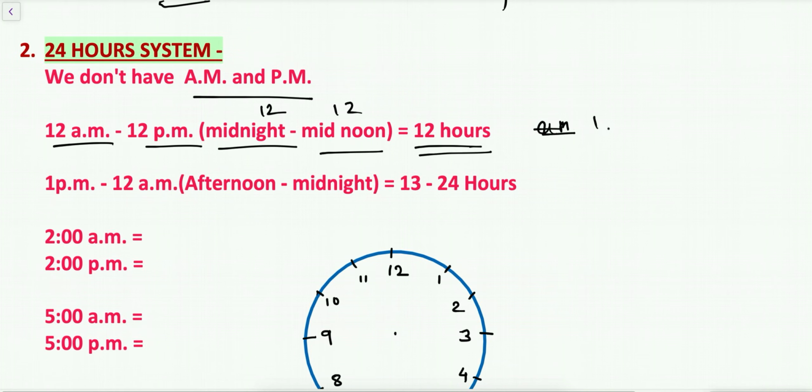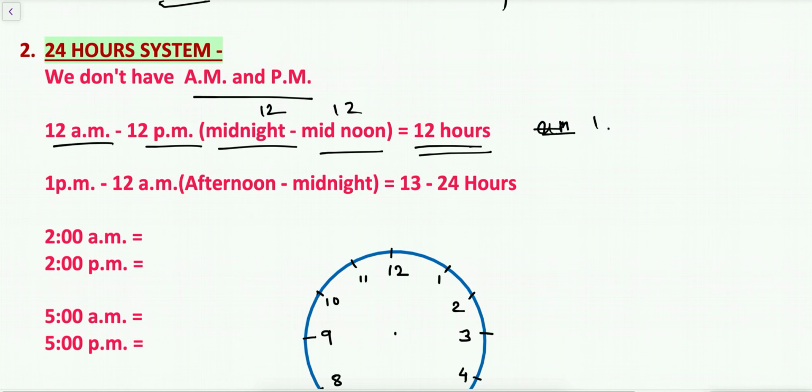Hence the 24 hours of a day is completed. So from midnight to 12 noon is 12 hours, and from 1 PM to 12 AM, that is midnight again, is 13 to 24 hours.